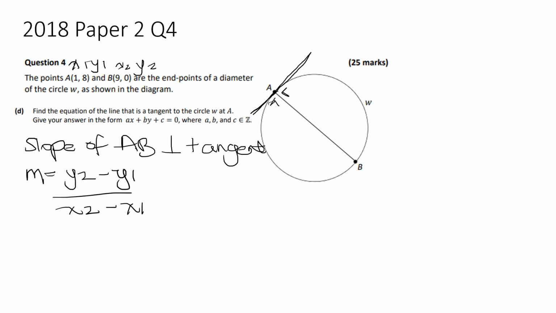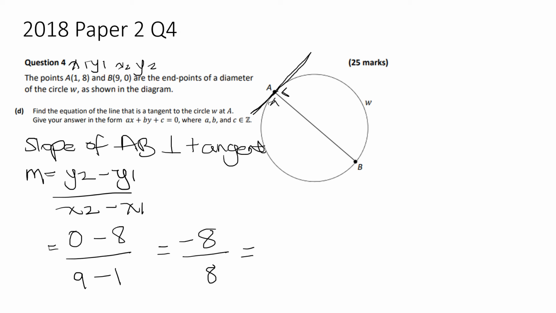So when I sub them in, then I have 0 minus 8 over 9 minus 1. And when I put that into my calculator, I get minus 8 over 8.